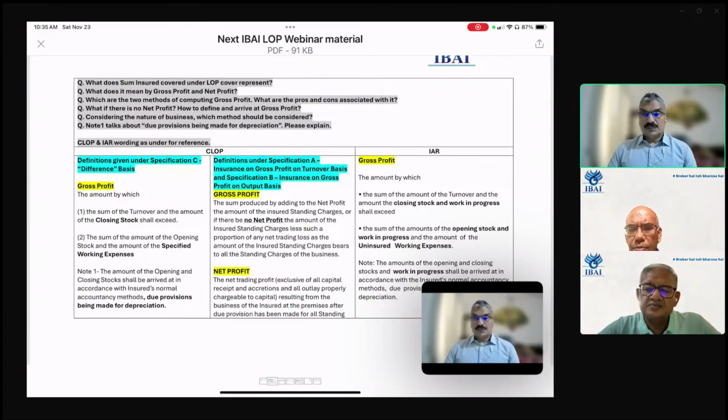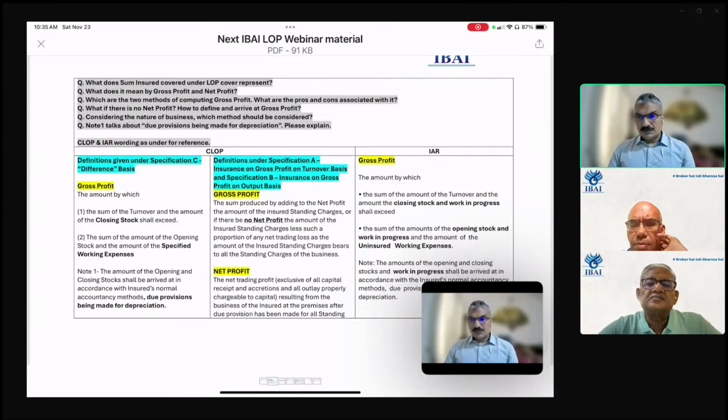In the addition method, if you don't include everything, there is a penalty for that. There will be a memo to the policy which penalizes you. But in the difference method, that is not there. All the standing charges are deemed to be covered.